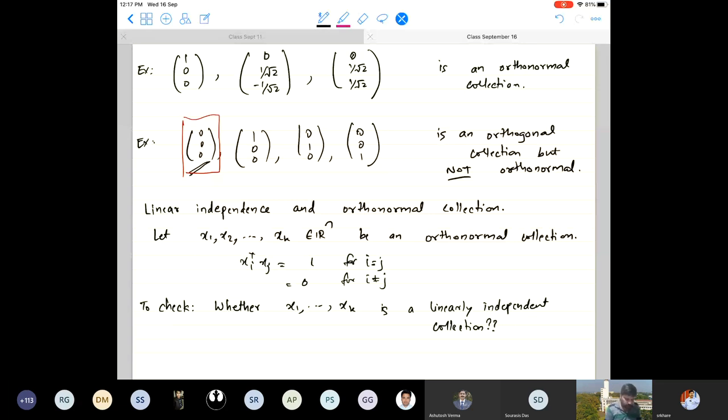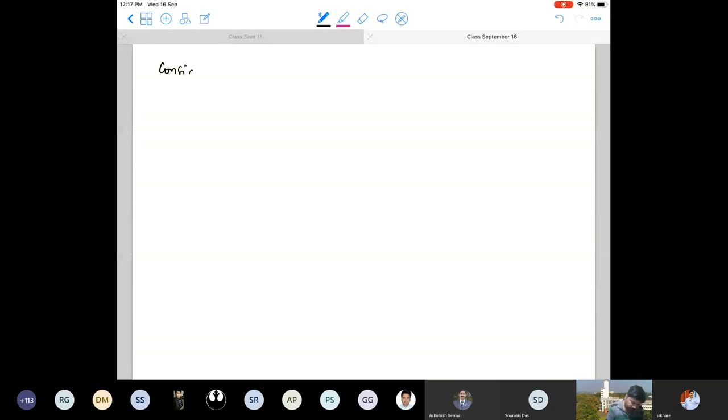So we start with the linear combination. Consider this linear combination: beta 1 x1 plus beta 2 x2 plus ... plus beta k xk is equal to 0. That's the linear combination I consider. And when will I be able to say that the vectors x1, x2, ..., xk are linearly independent?